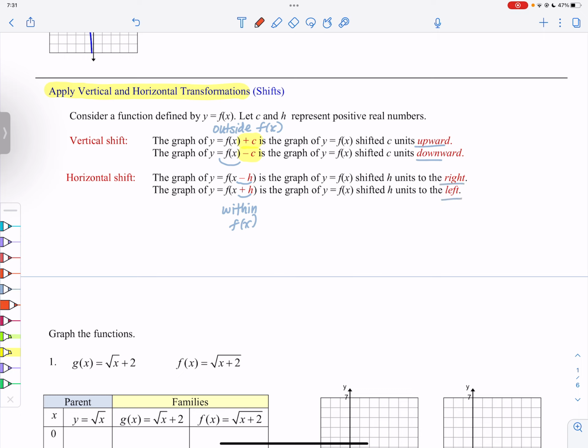Be very careful here, because when you have a minus a positive constant, like a minus 5, you are going to be moving to the right. It's backwards of what you think. And when you have a positive constant added inside the function, then you will shift to the left.